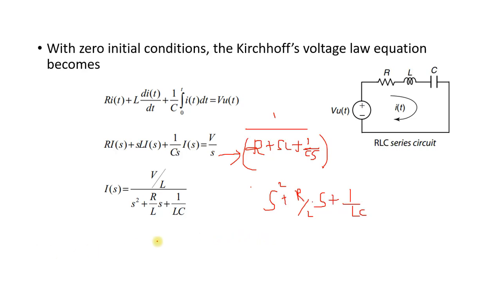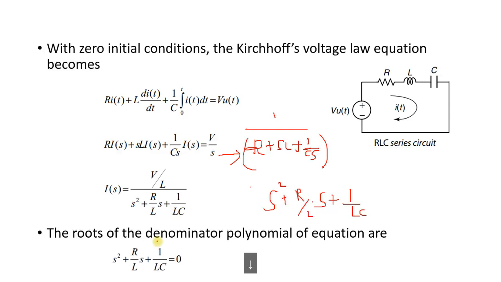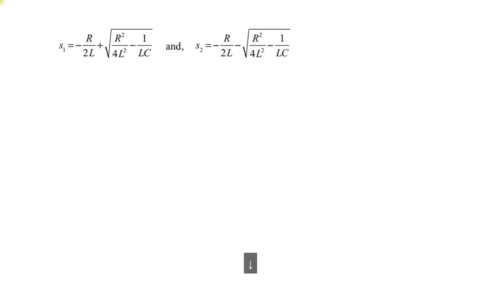To get the roots of this equation, we know the formula: minus b plus or minus square root of b square minus 4ac divided by 2a. This is the formula to find the roots.